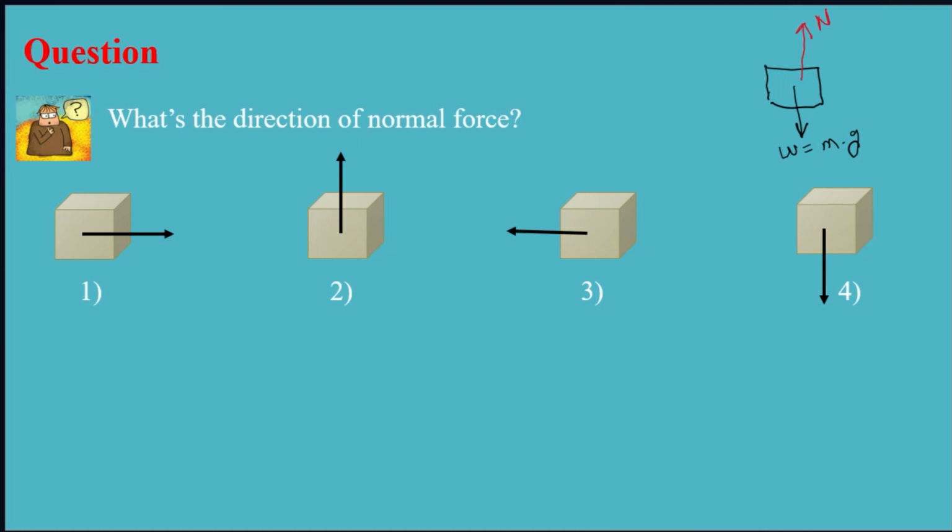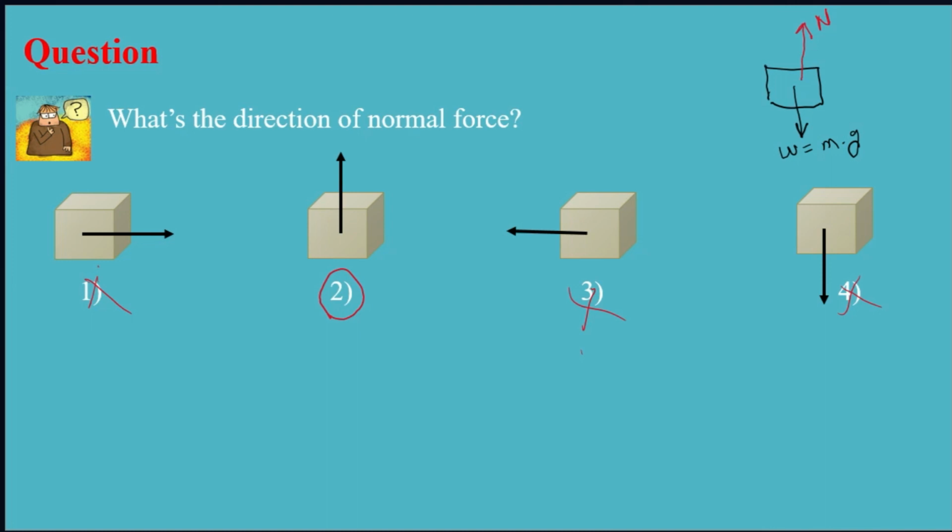So with that, the answer should be 2, right? Because there is no way to have a normal force going to the right, left, or downward. Normal force always has an upward direction, opposite to the weight.